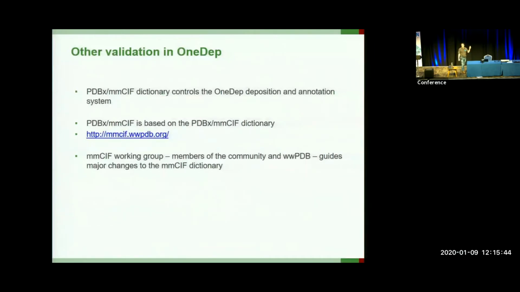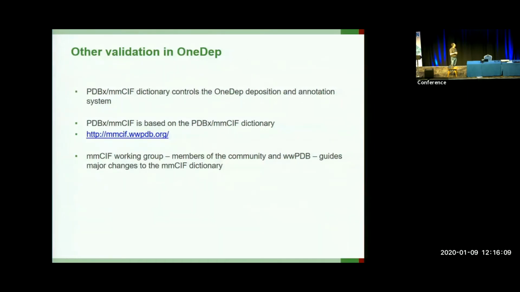That doesn't get us to where we were with KB, though. So what we do is the extra bits on top of that: the validation of the metadata and the curation that we add on top. OneDep is driven by the mmCIF dictionary, completely. All of the things that we have in there are driven by the dictionary. There's a website for the dictionary, which will tell you everything you need to know.